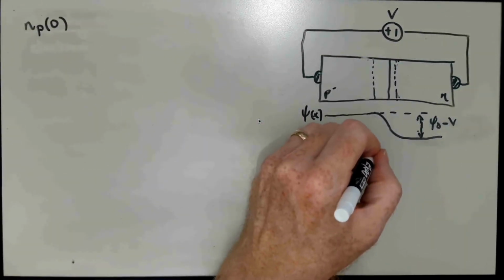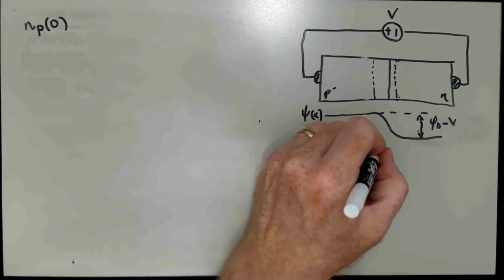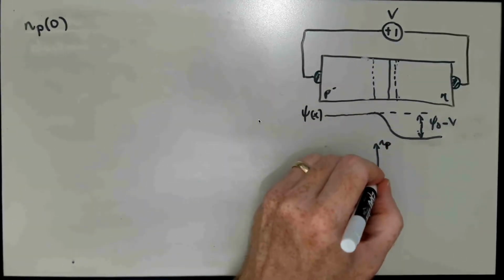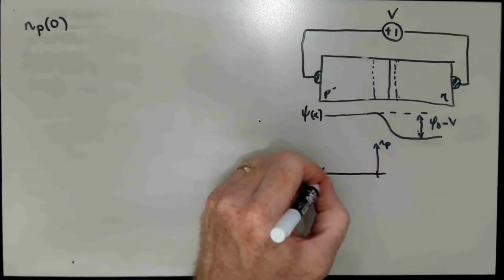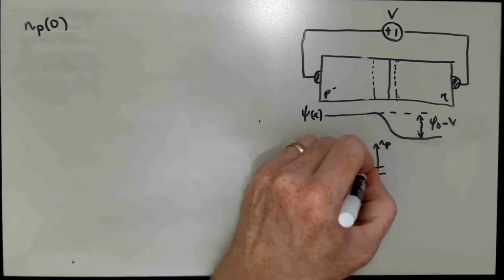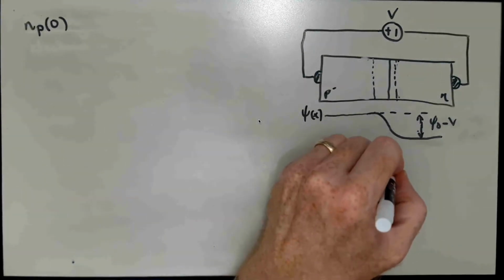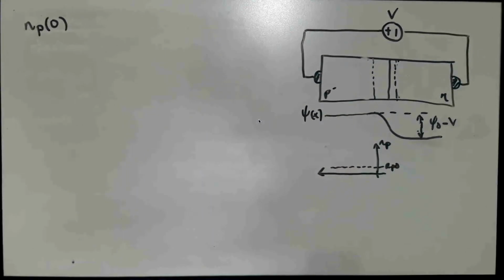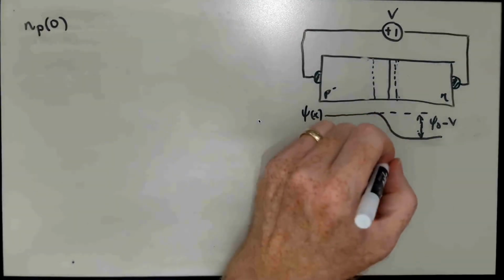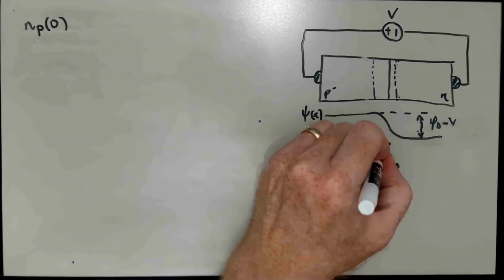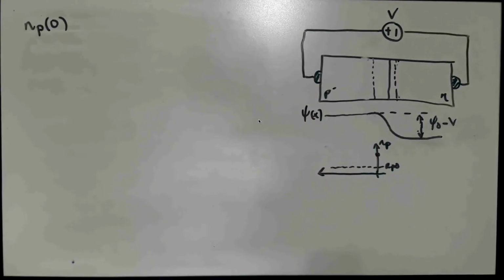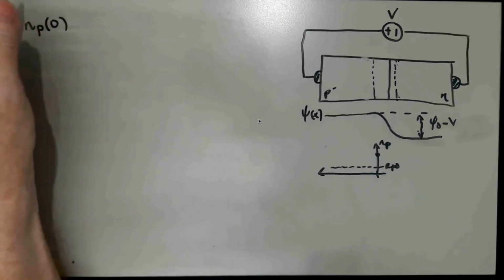So we call this N sub P, and this is NP0, the equilibrium concentration. What we're going to find is that there's going to be an increase in N sub P right there at the edge of the depletion region, which we could call x equals 0.